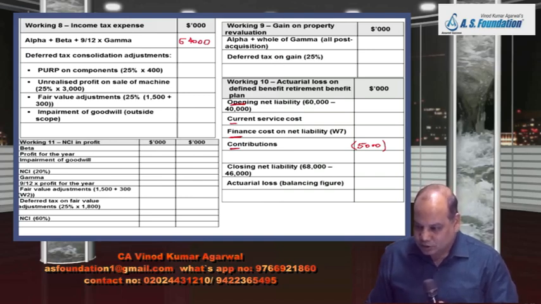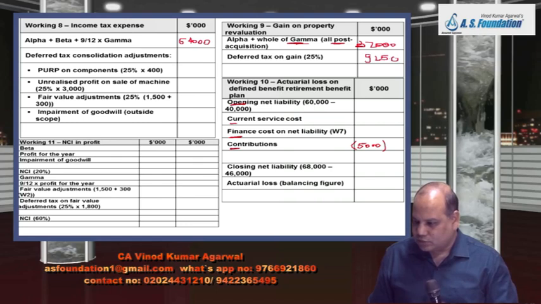So first you tell me alpha plus gamma. Now don't take 9 by 12 here. This adjustment was made in the post acquisition period. So this note is also written. How much does it come to? 37,000. And what is 25% of that? 9,250.